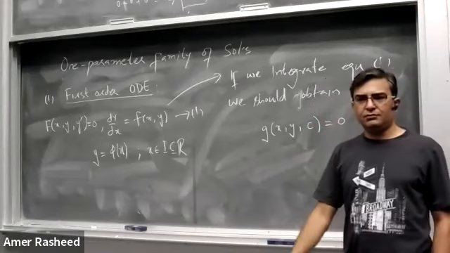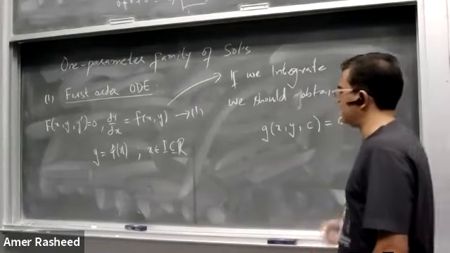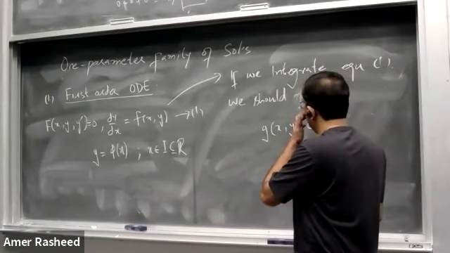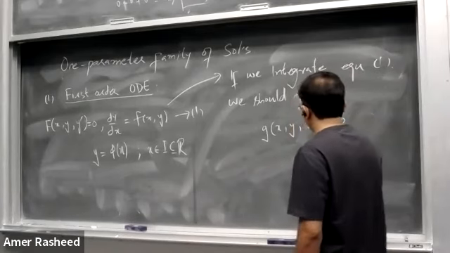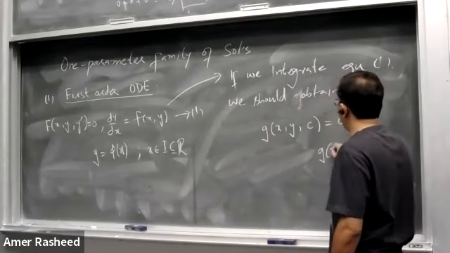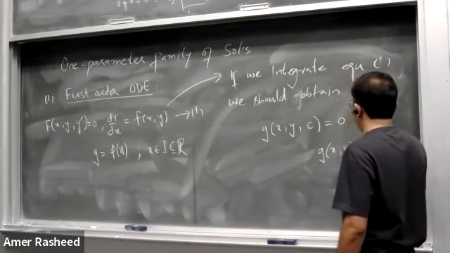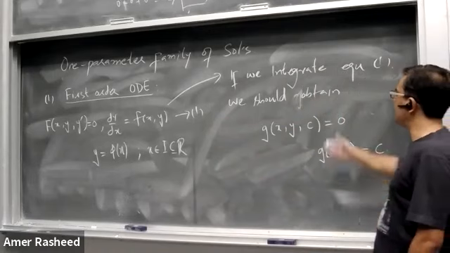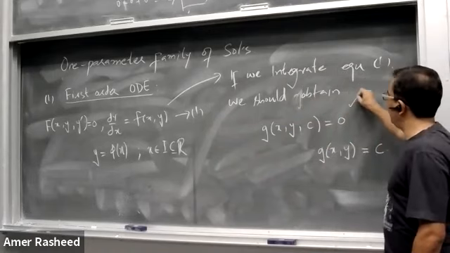We put it equal to 0. Okay. Or in some books, they put it equal to some constant c. So after integrating that equation, you get a function g of x, y equal to some constant c. Okay. Sometimes in books they write in this way or in this way.